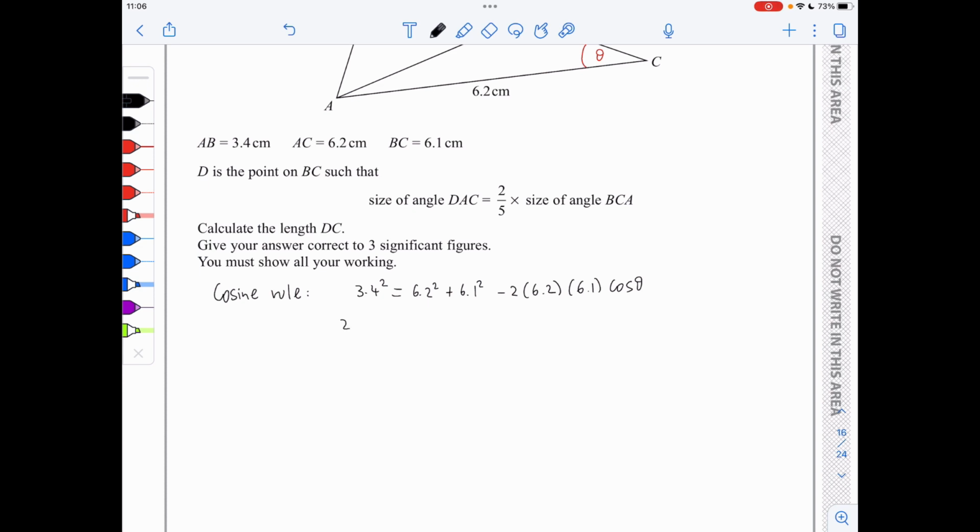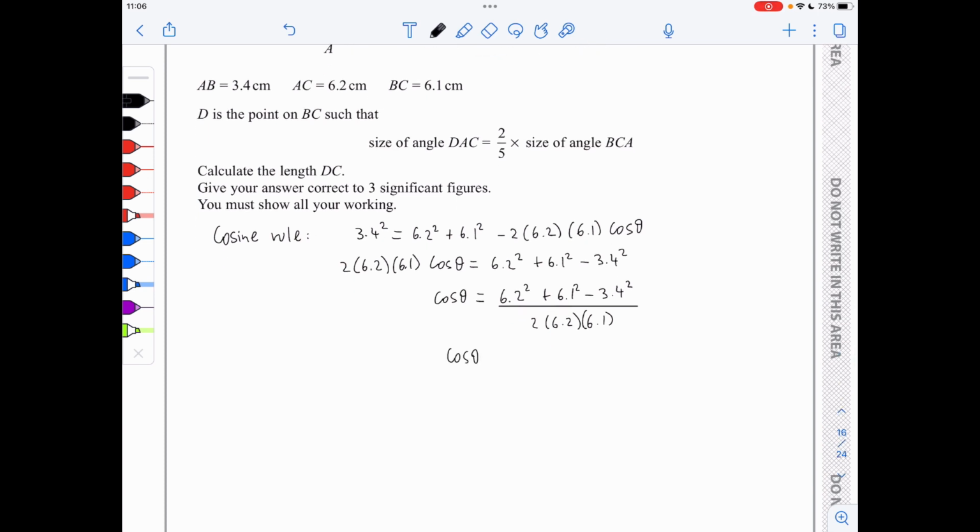This means that 2 times 6.2 times 6.1 cos theta is equal to 6.2 squared plus 6.1 squared minus 3.4 squared. Rearranging for cos theta gives me that cos theta is 6.2 squared plus 6.1 squared minus 3.4 squared all over 2 times 6.2 times 6.1, which leads to cos theta being 6,409 over 7,564.